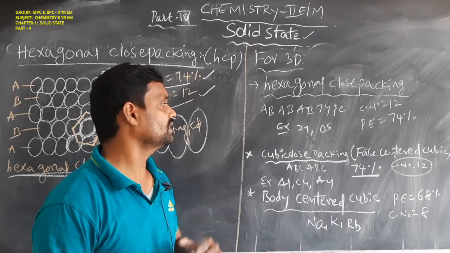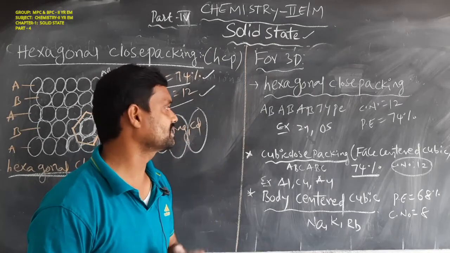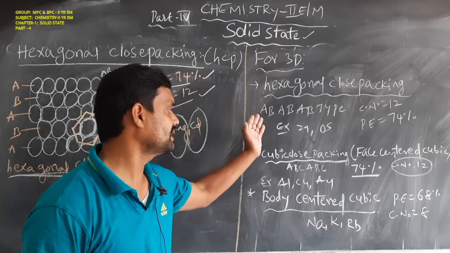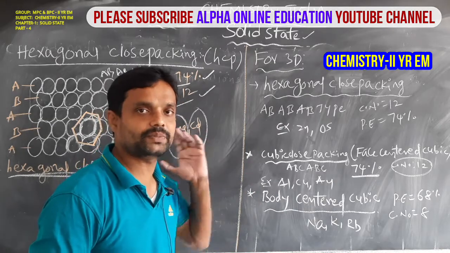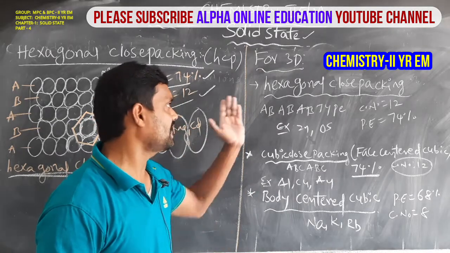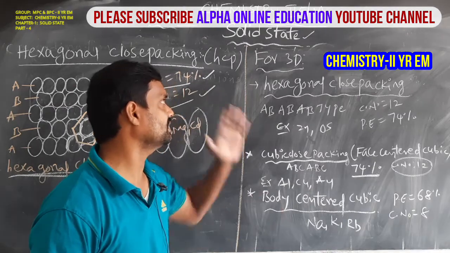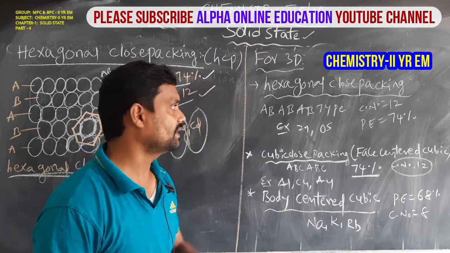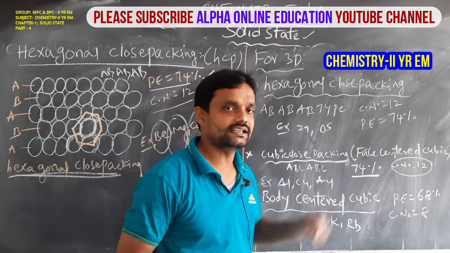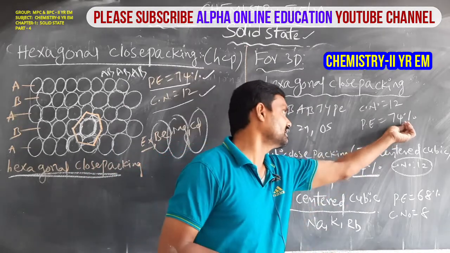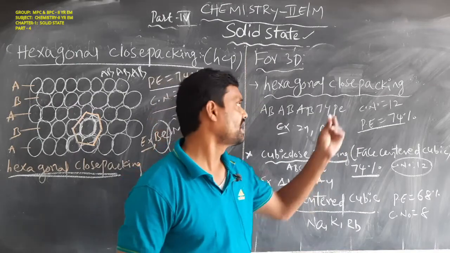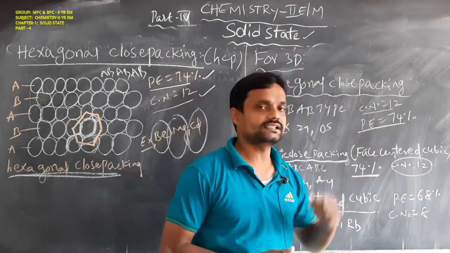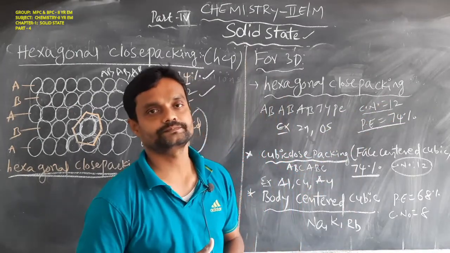In hexagonal close packing in three dimensions, the layers are arranged in an AB type of arrangement, just like the previous one. When they are arranged in hexagonal close packing in three dimensions, the packing efficiency is 74%, and the coordination number is the same, 12.